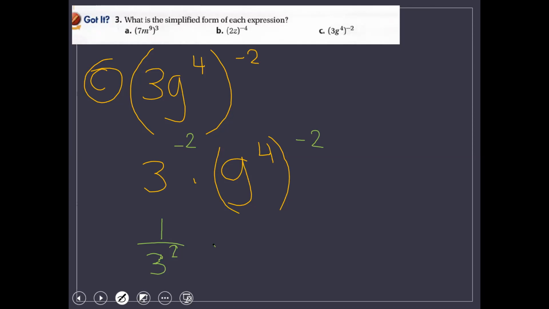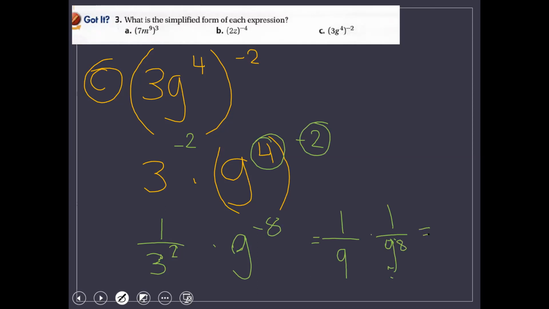It's a power raised to a power. So it will be g, then 4 multiplied by negative 2, which is negative 8. Then keep it as 1 over 9. G to the power negative 8: I have to write the reciprocal of g, which is 1 over g, and the opposite of negative 8 is 8.